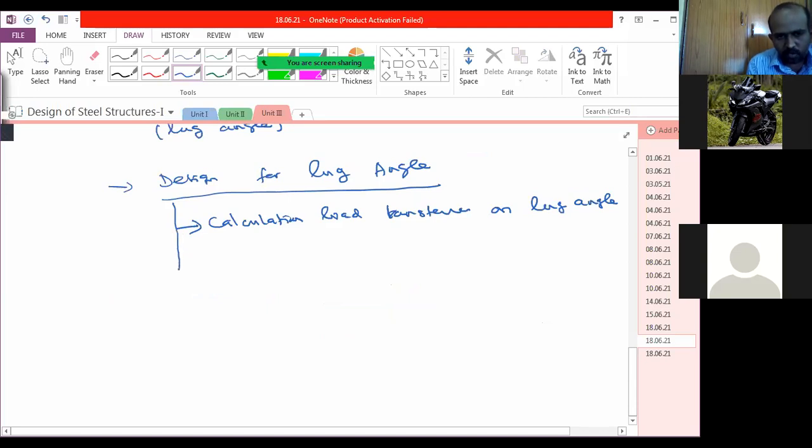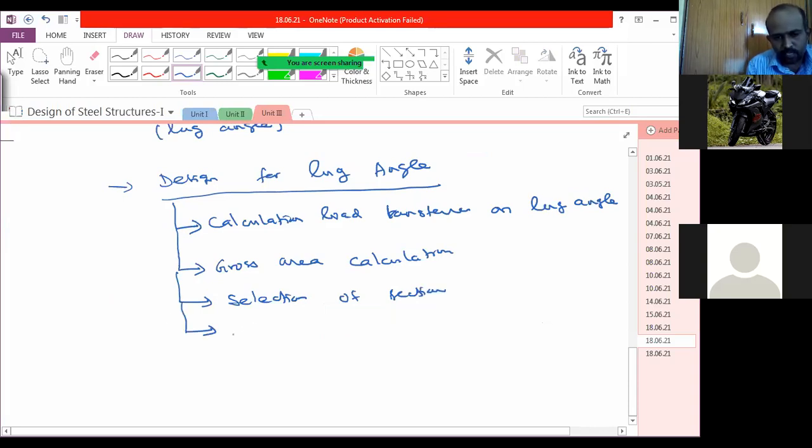Based on the load, gross area calculation. Based on the gross area, selection of section. The same procedure, and then the number of bolts calculation. Up to this, you have to do for the design.